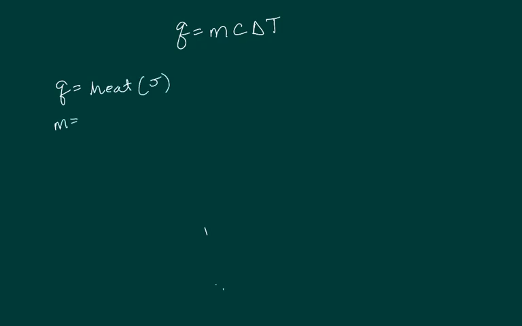Your mass, or m, is your mass of that substance in grams. Your C here, that's your specific heat capacity, or specific heat. That's given in joules per gram per degree Celsius.